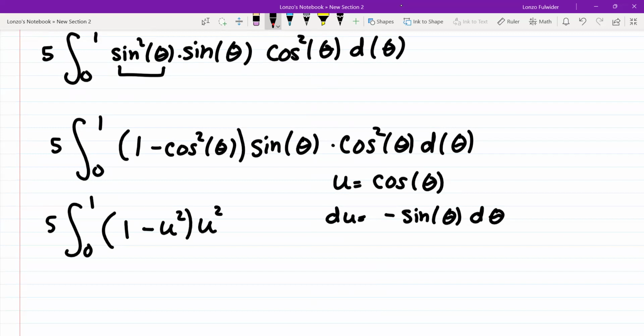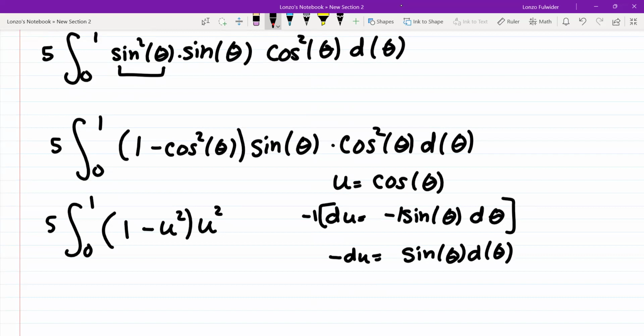And then we don't need this extra negative 1, so I have to get rid of that by multiplying both sides by negative 1. So that's negative du, and this would be positive sine theta d theta.